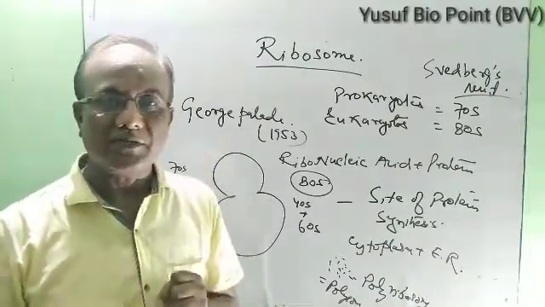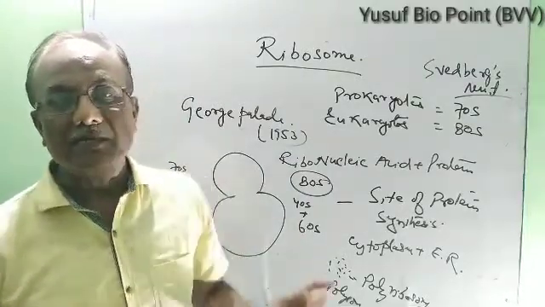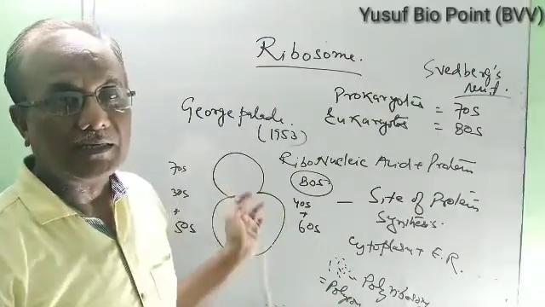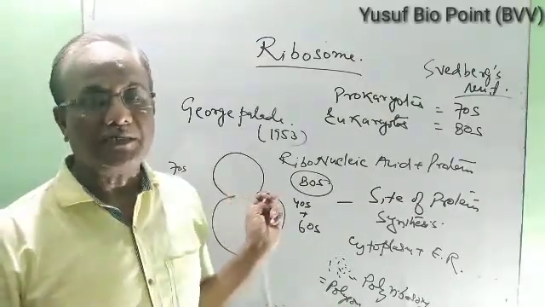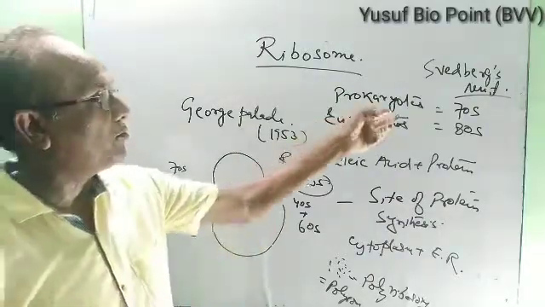But there is a difference: in the cytoplasm it is 80S, and in mitochondria and plastids it is 70S, which is also found in prokaryotes.